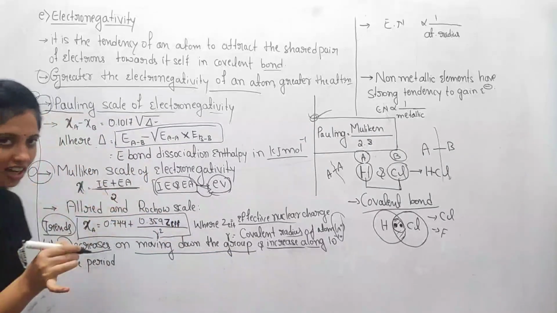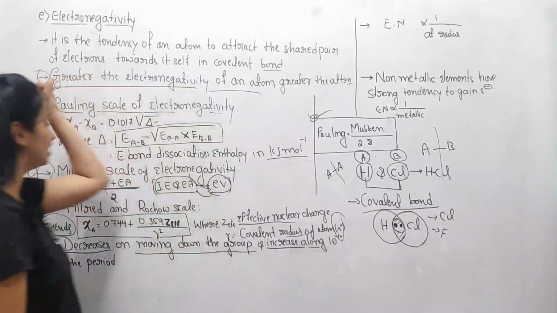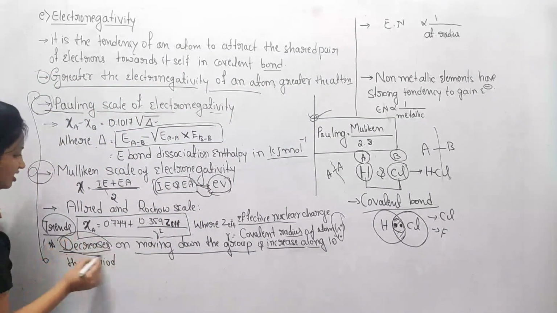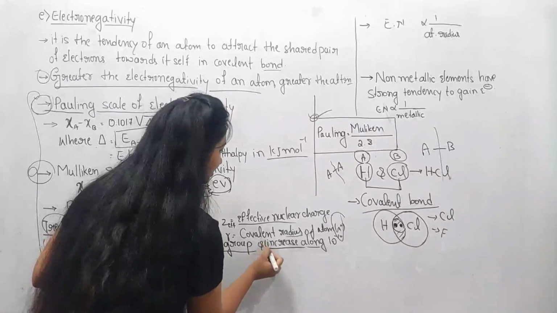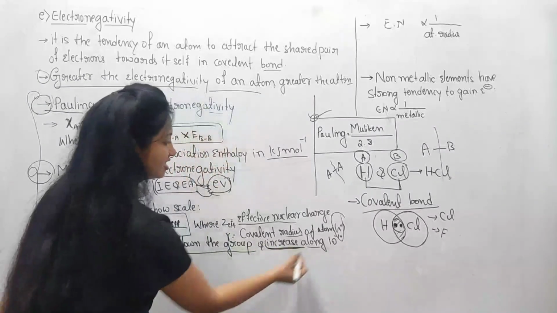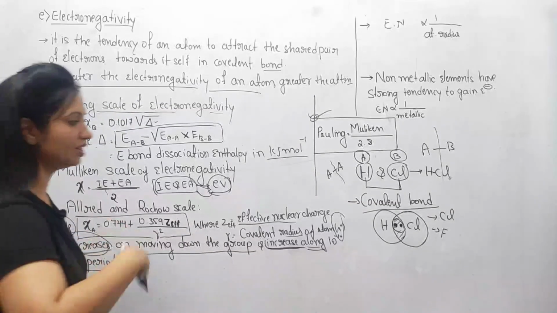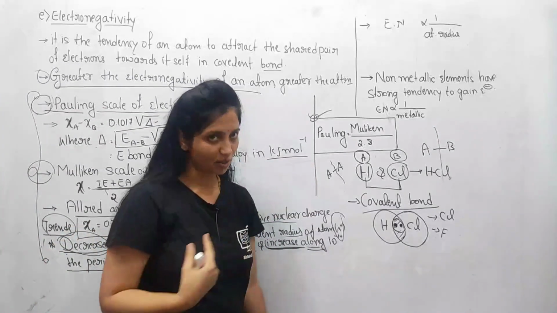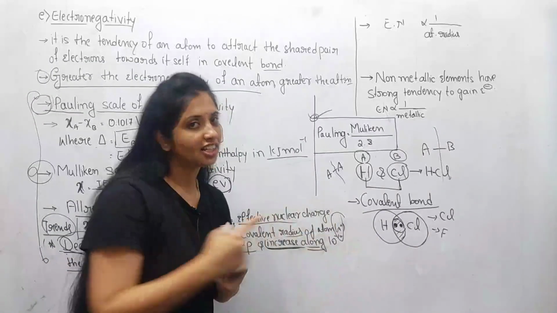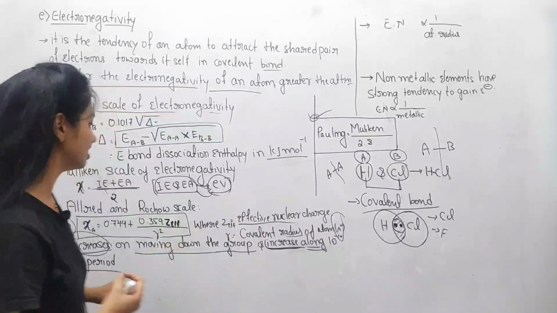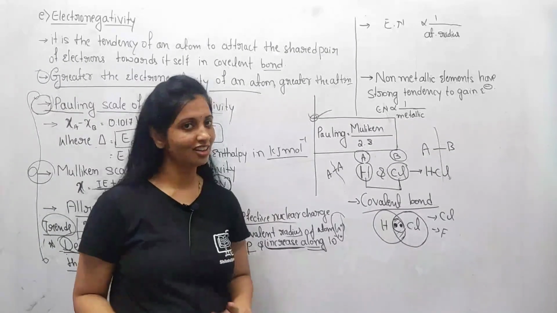Just remember guys, on moving down the group the electronegativity decreases, and the electronegativity increases along the period. As we move left to right in the periodic table, what happens? The electronegativity increases.